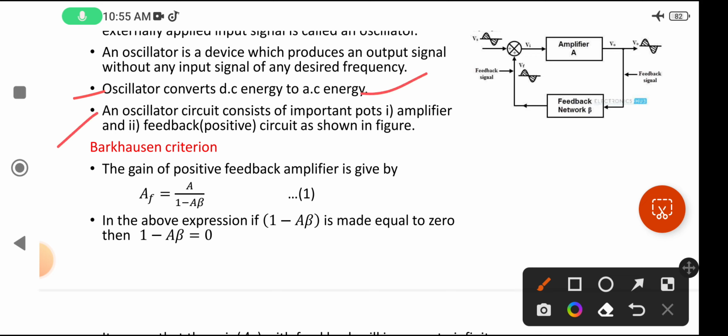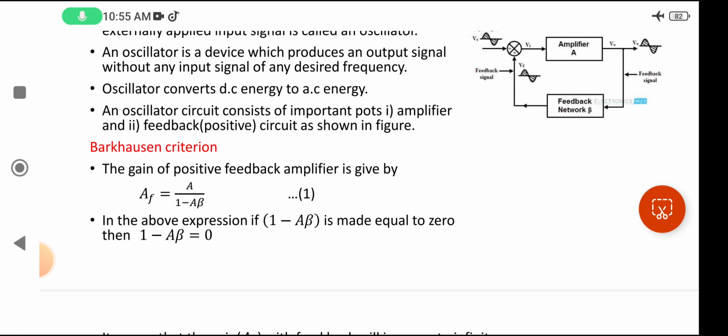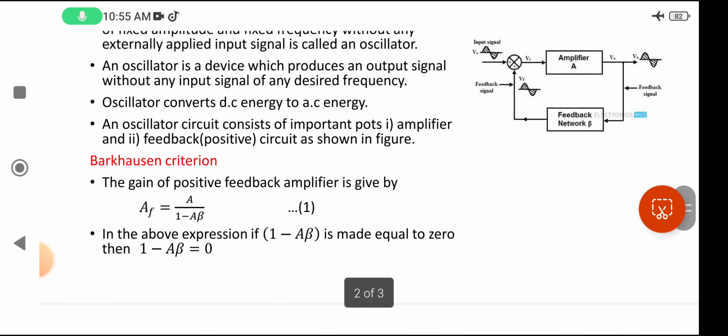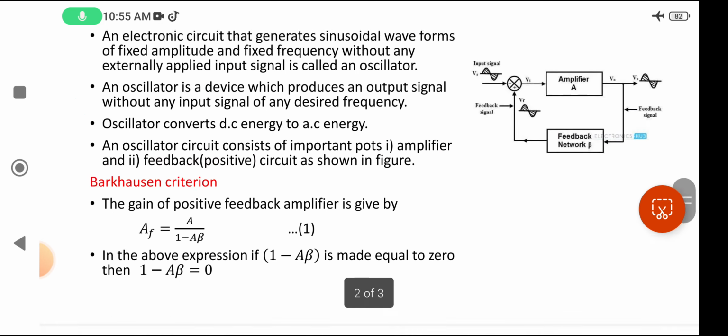An oscillator circuit consists of important parts: an amplifier and a feedback circuit. Which feedback do we take here? Only positive feedback. Here you see the oscillator diagram.